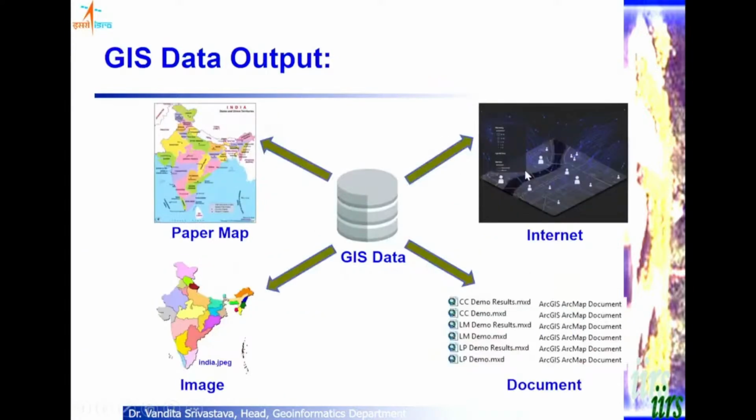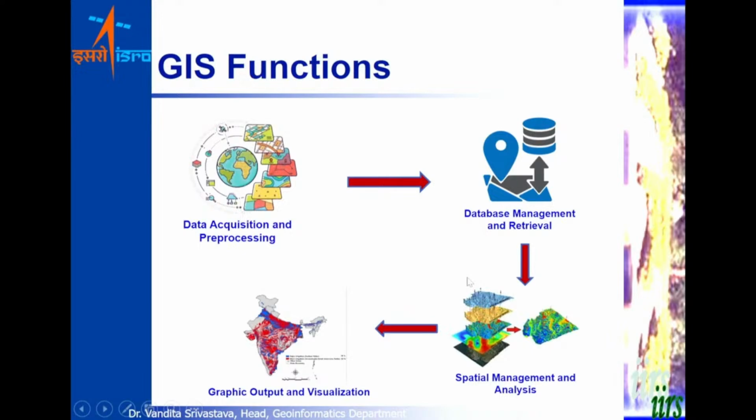Now, once you have captured and stored, if you want to disseminate the geographic information, there are many ways to do it. You can produce hard copy maps, soft copy maps, a lot of animations, videos and tabular data. You can also disseminate this information over the web. These are the forms of output, all known to all of us.